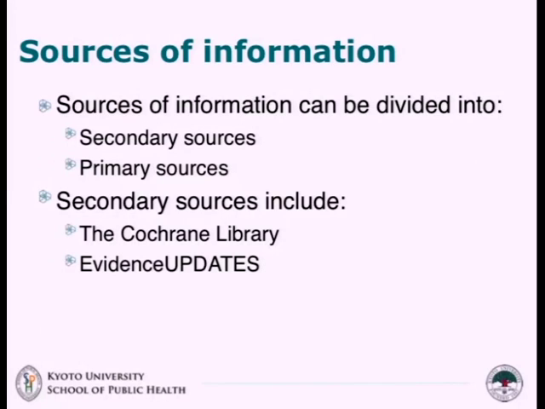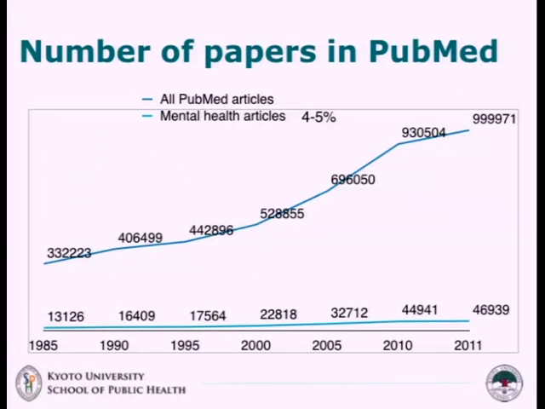The 2 most useful secondary sources are the Cochrane Library and evidence updates. Primary source is a mixed bag of articles of various quality and relevance, such as PubMed.